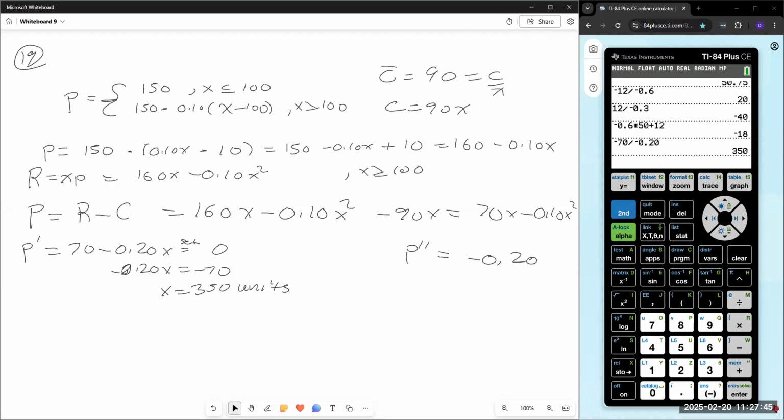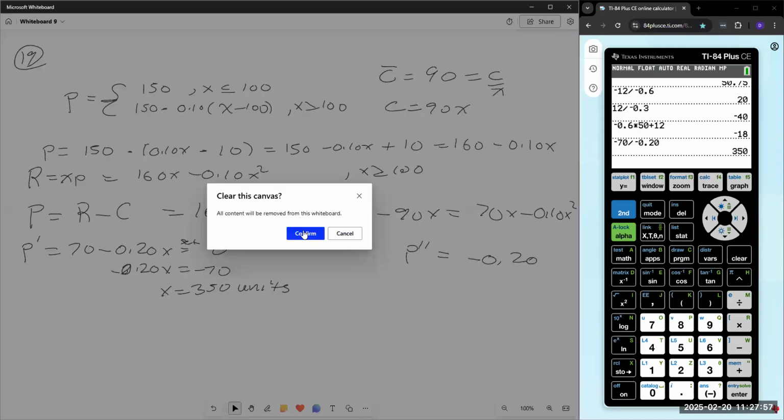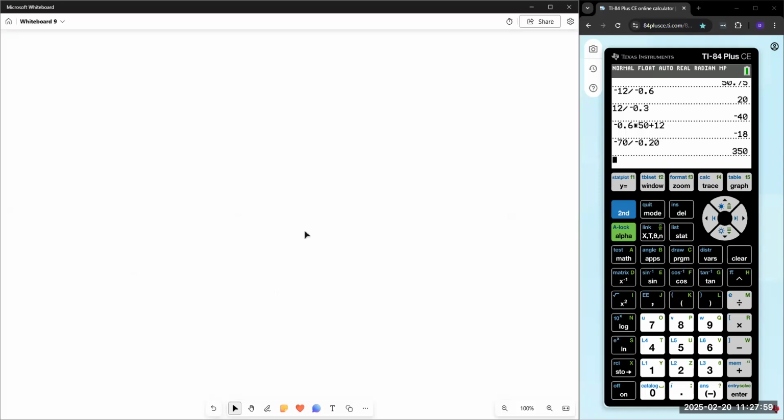All right, let's look now at number 20. Number 20 says that a real estate office handles a 50-unit apartment complex.